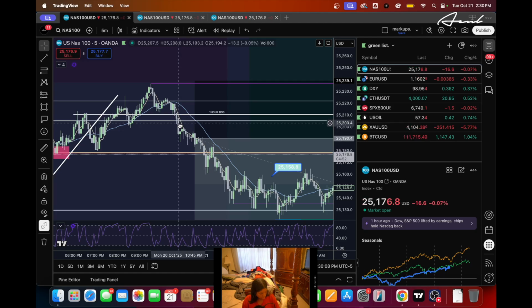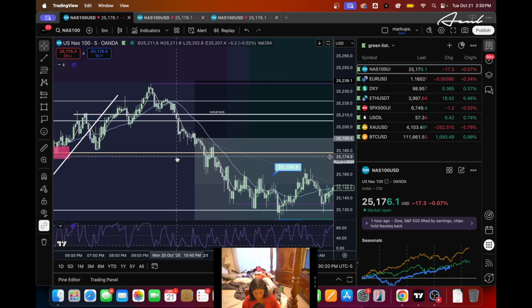But as far as 5 minute structure is concerned, price did break the low of the 5 minute market structure. That also made me feel good, and I'll mark that up on the next screen on Top Step where it shows my entries.